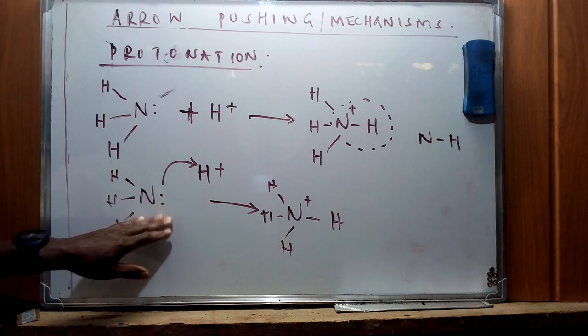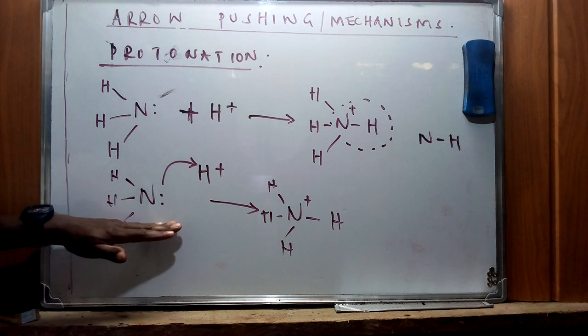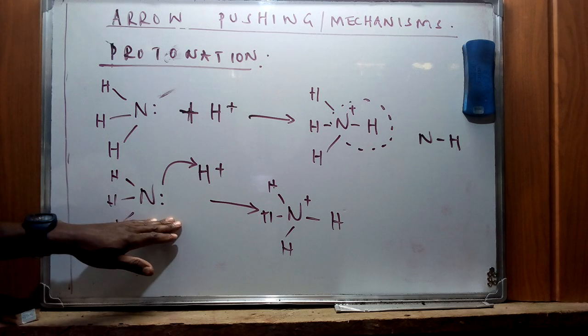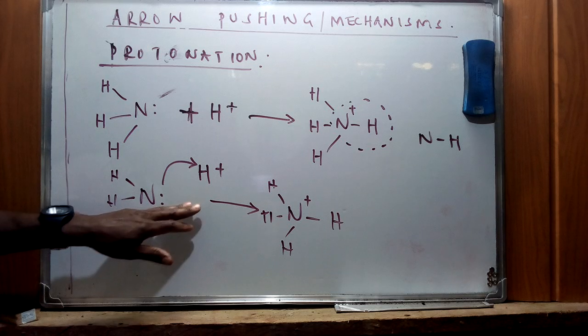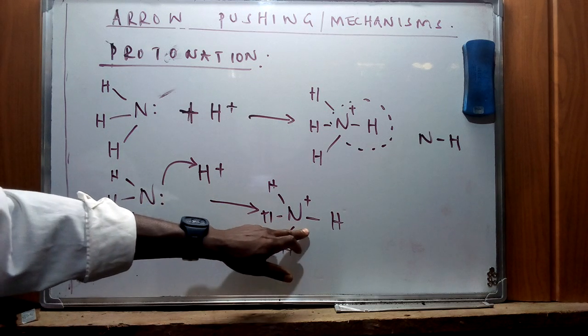If we look at this, whenever the nitrogen had those pairs of electrons, its charge was 0. The interaction between nitrogen and hydrogen leads to the formation of a positive charge, which is +1.